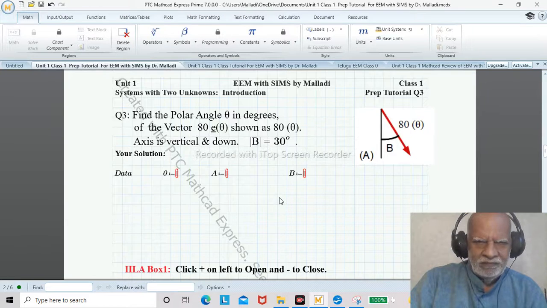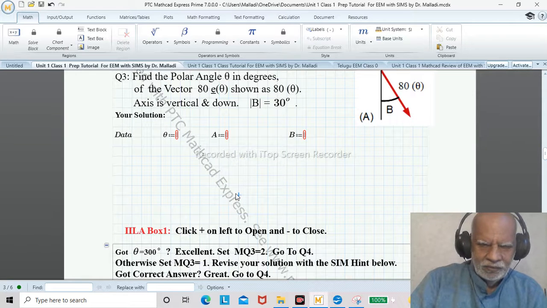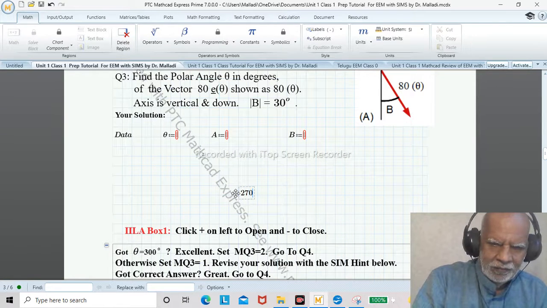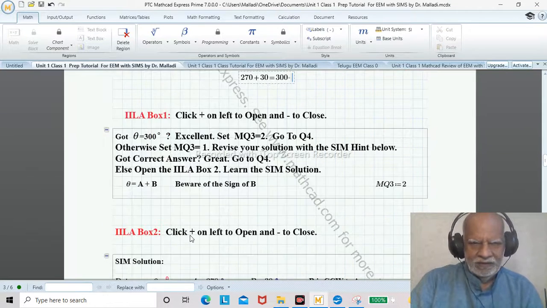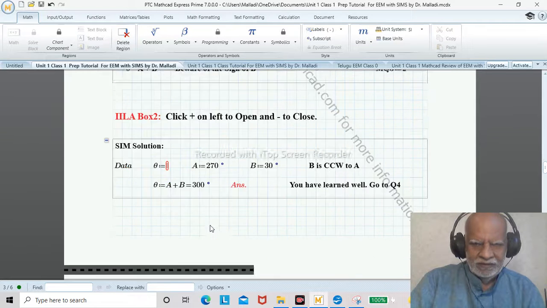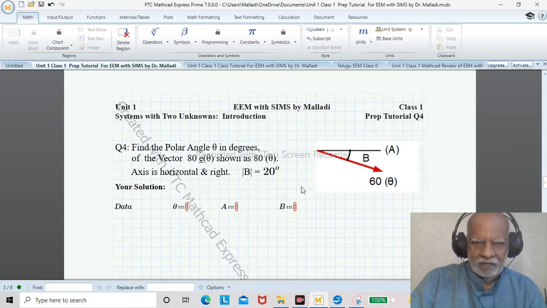Then the third one, again this is 270, you are adding, so 270 plus 30 is equal to 300. I got it, I did it here. Now comes another question.